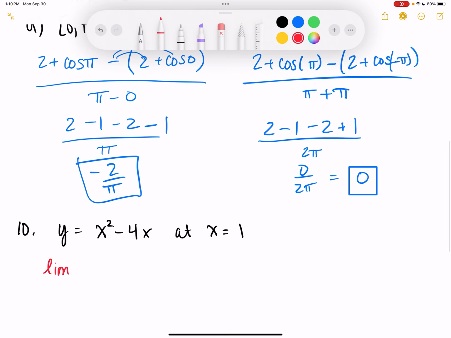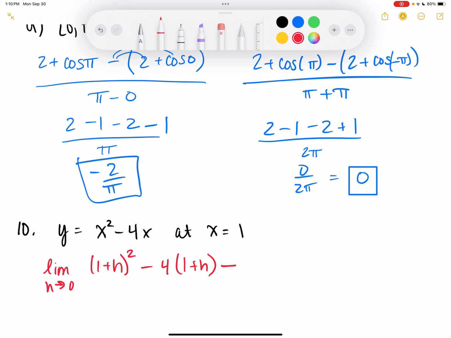The limit as h approaches 0 of 1 plus h is what's going in for x initially. So 1 plus h squared minus 4 times 1 plus h. So that's just the first part. That's the f of a plus h part. Minus, I usually bracket this off.